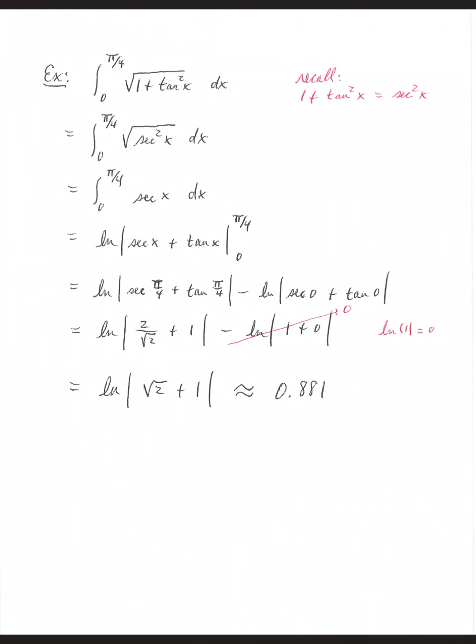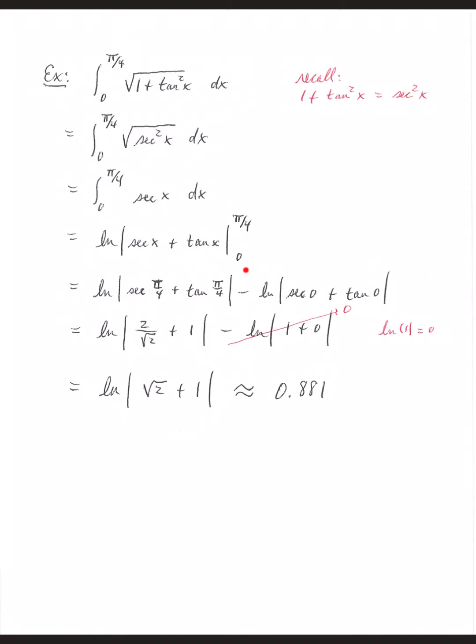That lets us replace and have square root of secant squared x, just using an identity. Square rooting a square gives us secant x, and from the previous slide, the antiderivative of secant x is natural log of secant x plus tangent x. It was actually the second example on the previous slide.